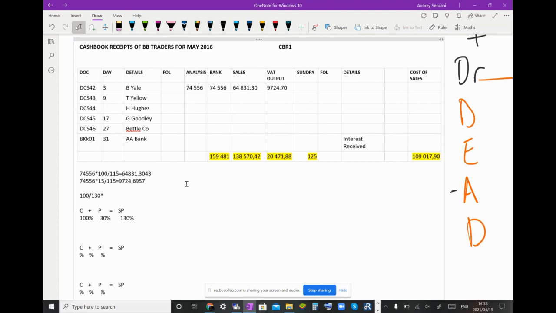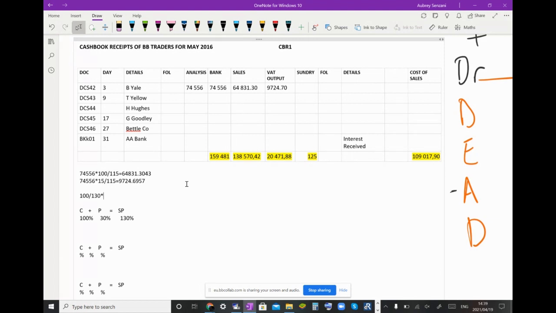Here you want to take the sales exclusive of VAT, because our cost has to be the amount exclusive of VAT. Whatever input VAT we incurred when we bought these goods, we're going to claim back, because input VAT is a current asset. So we don't include that in our cost. We want to operate with that exclusive amount.